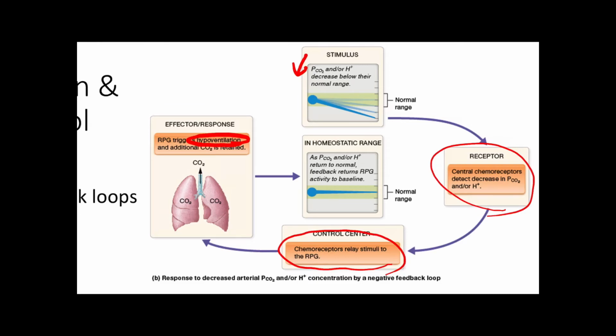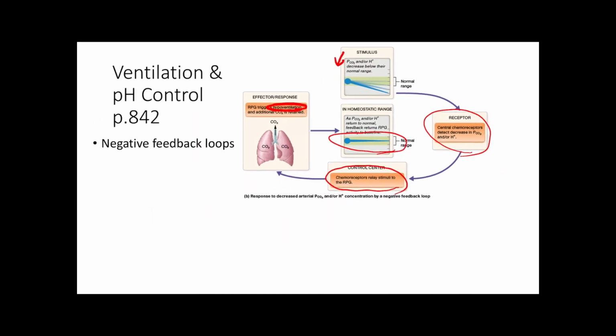And so retaining CO2 in the blood causes the pH to go up or become more alkaline as a result. And if all things are working well, that gets us to our normal range of PCO2.